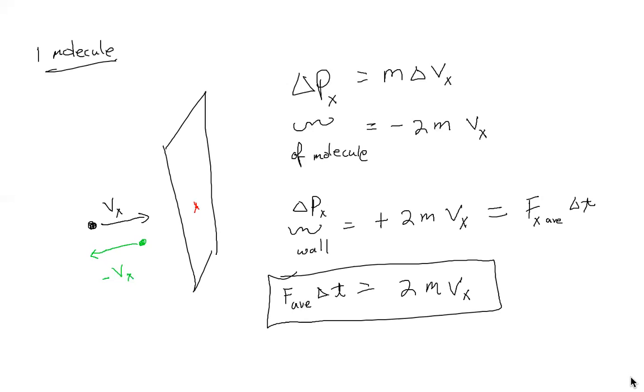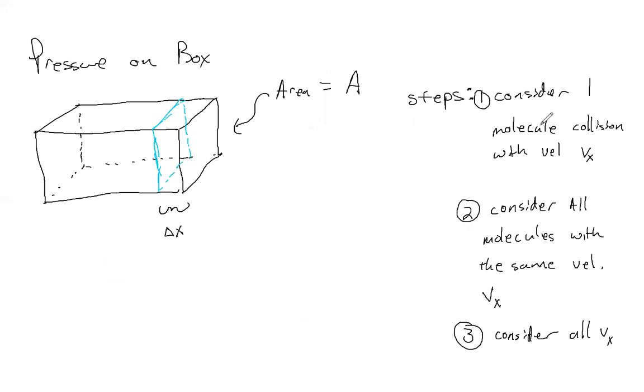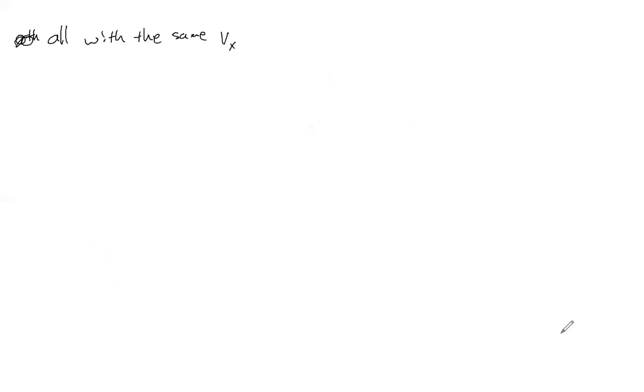Very good. So we dealt with one particle. Now we need to look at all particles with the same velocity, Vx. Going through my list, we handled one collision. Now we're going to do all collisions with the same velocity, Vx.